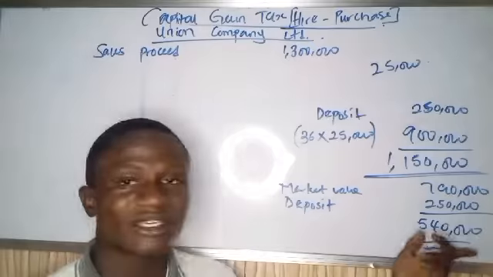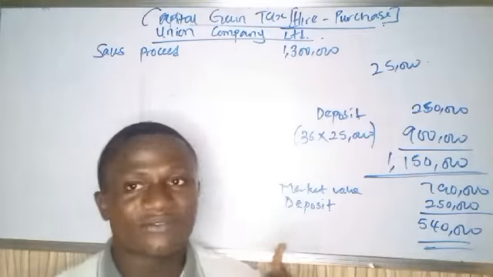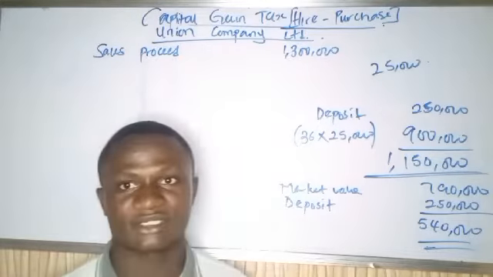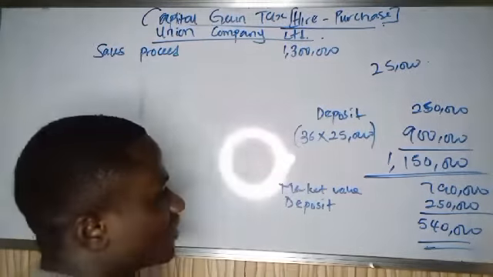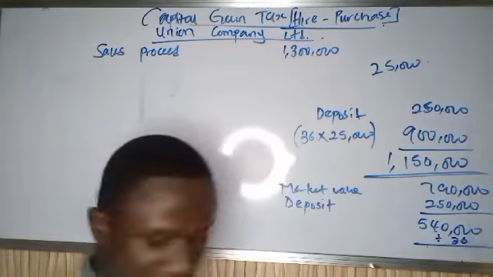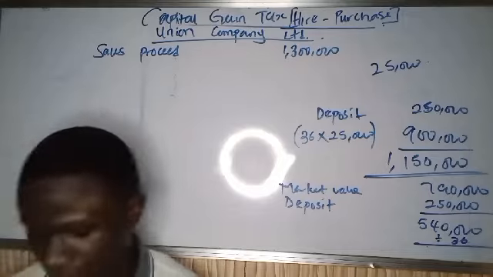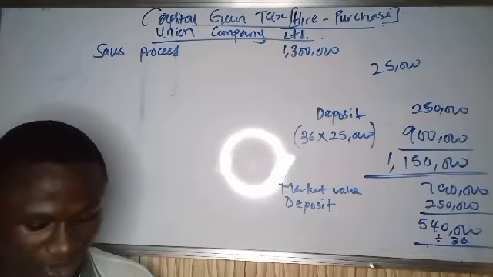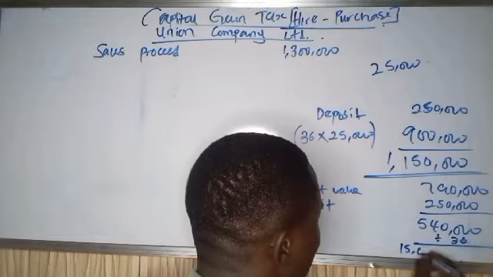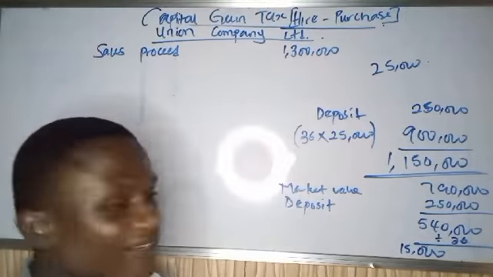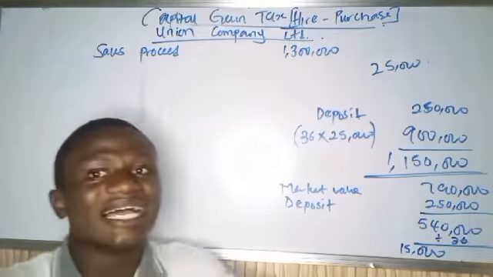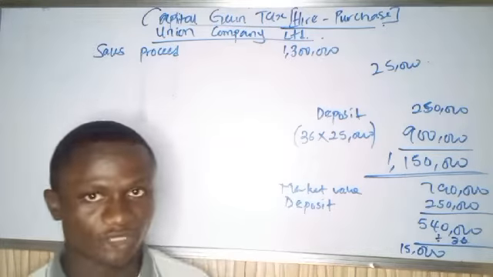If he's meant to pay 540,000 naira for 36 months, how much is he going to pay without any interest? That is what I want to get now. So divide 540,000 naira by 36, and if I take my calculator here, definitely you should be paying 15,000 naira monthly without any interest.